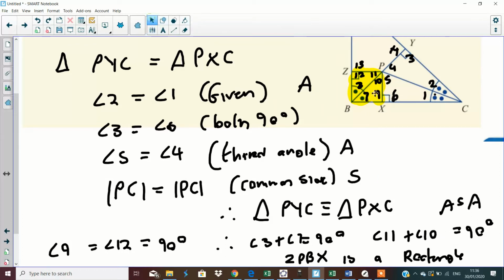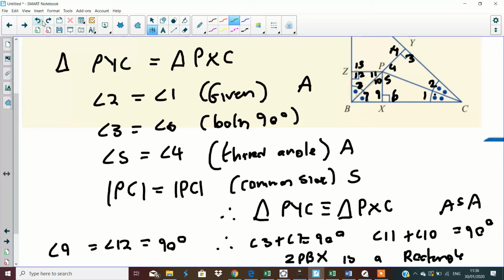What I'm going to have to prove here, if I split this in half, what can I say? I'm going to have to prove that the top triangle is congruent to the bottom triangle. I'm going to prove that the red triangle is congruent to the green triangle. Does that make sense? I'm going to prove the congruence.